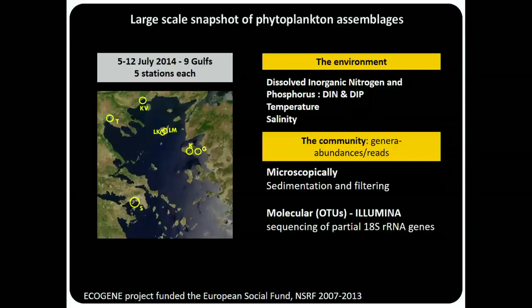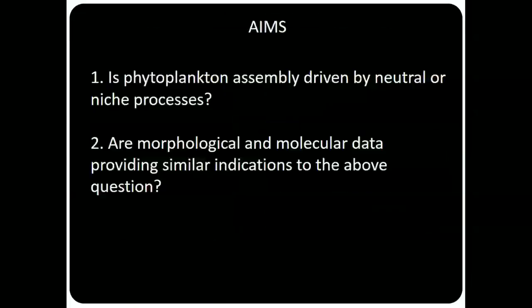So for both of these approaches, we had 105 samples, and we had either genus abundances or genus read data, respectively.